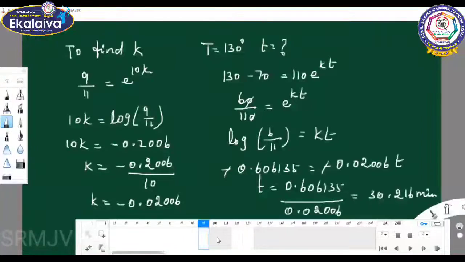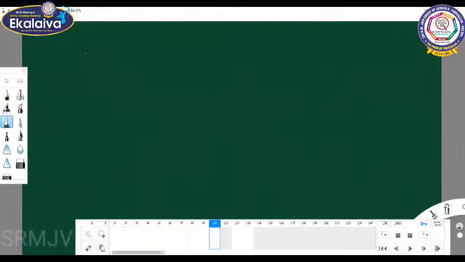Then if T equal to 140 degrees Fahrenheit, what is the time? The same way you can apply in equation 2: 140 minus 70 equal to 110 e power kt.